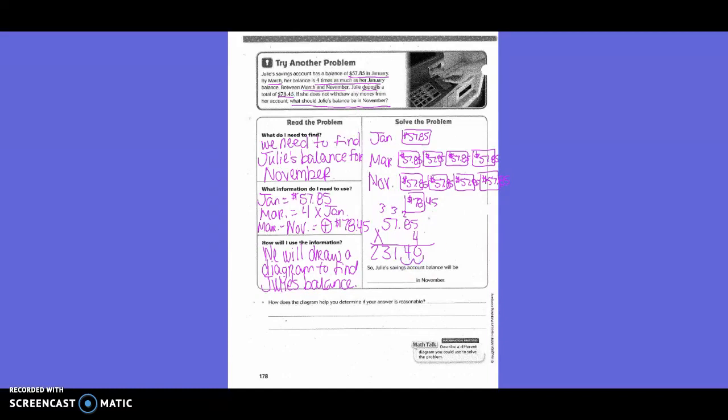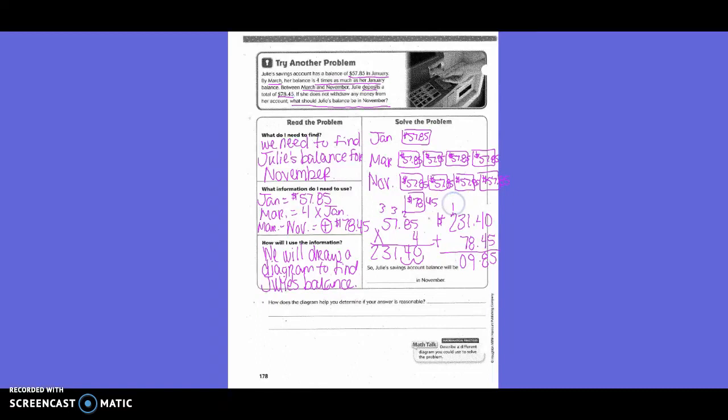So now I'm going to take $231.40 plus what? $78.45. And bring down my decimal. 0 plus 5 is 5. 4 plus 4 is 8. 1 plus 8 is 9. 3 plus 7 is 10.